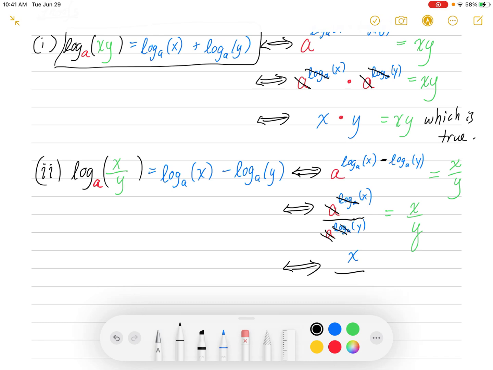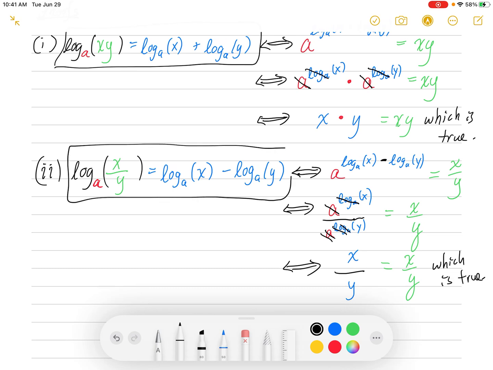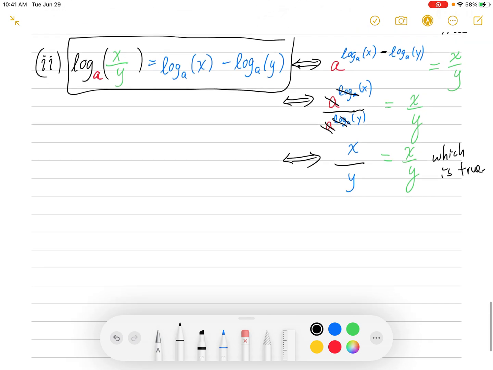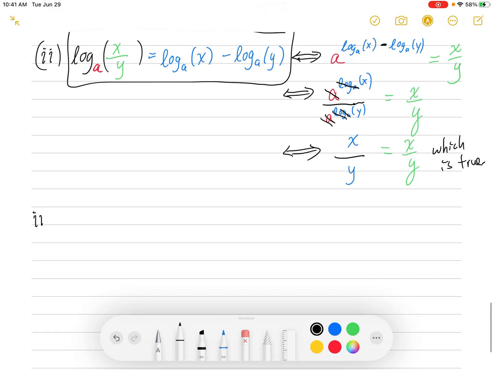Well, let's see if that's true. Using your inverse properties of logarithms, you can cancel exponential base a with logarithmic base a, and you get x on top. And on bottom, you cancel exponential base a with logarithmic base a, and you just get y on bottom. So x over y equals x over y, and that checks out, which is true. So since that's true, that means the original thing back in the box must be true.